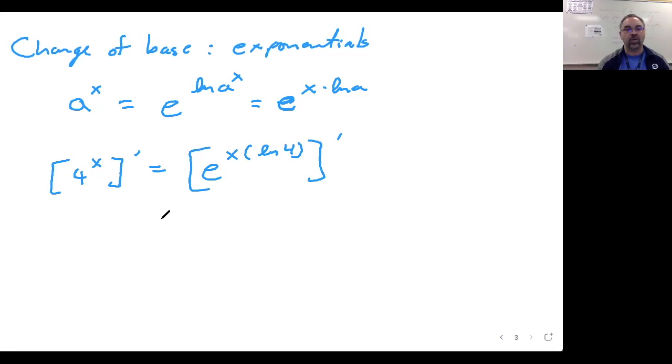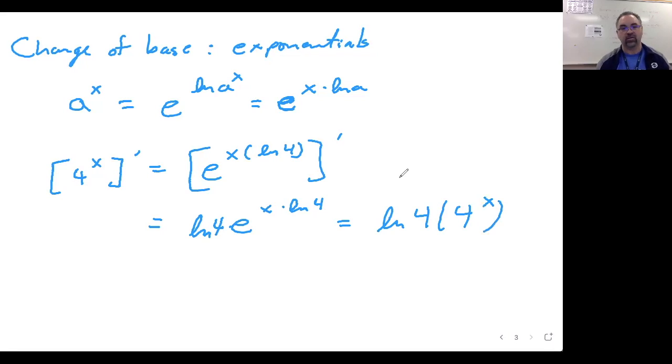And we know e to a power is just e to that power again times the derivative of the power. Now, this is natural log of 4 times x. Derivative of x is 1 times natural log of 4. So we get natural log of 4 times e to the x natural log of 4, which is natural log of 4 times 4 to the x power, if you want to come all the way back to the base being 4.